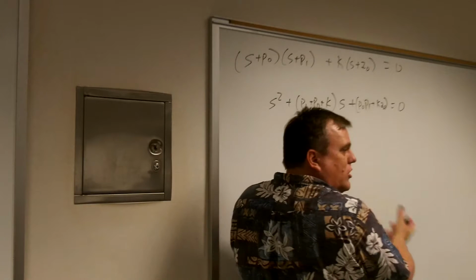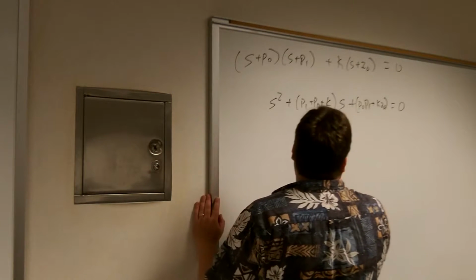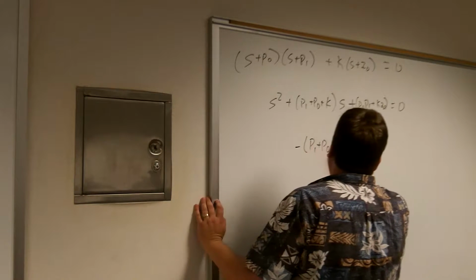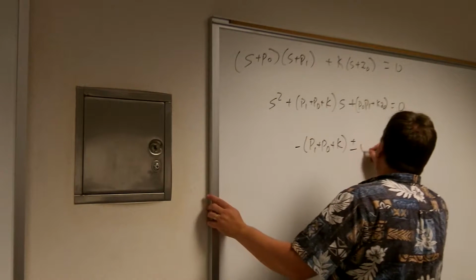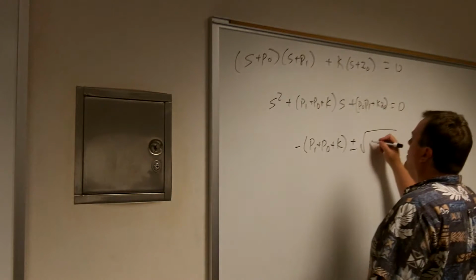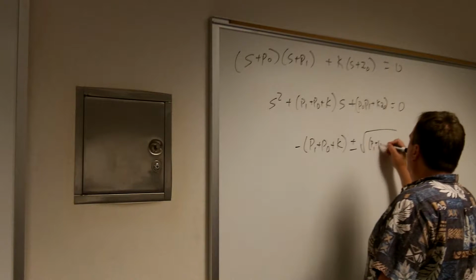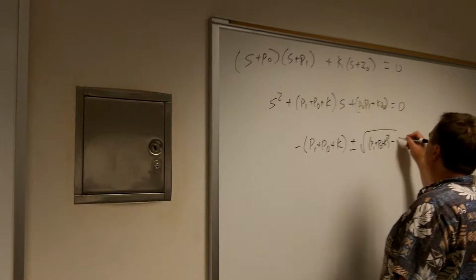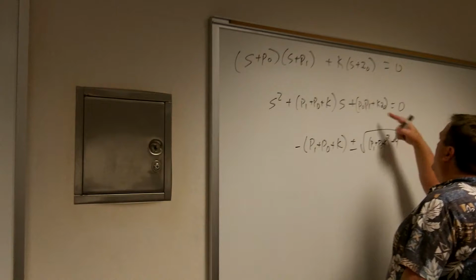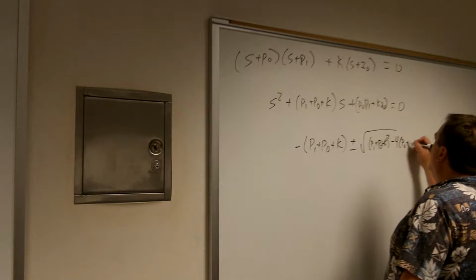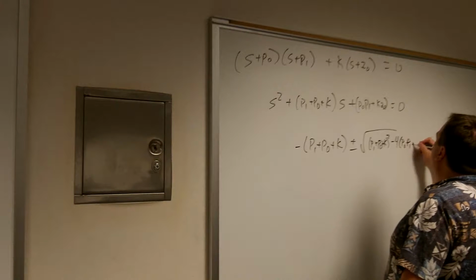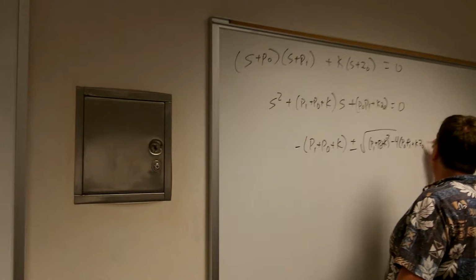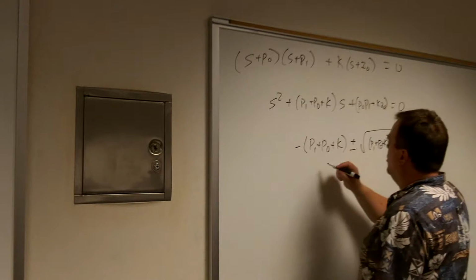And so the poles, which are those roots, are going to be equal to minus b plus or minus the square root of b squared minus 4ac, all over 2a.